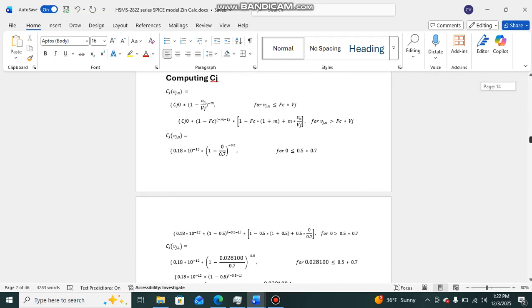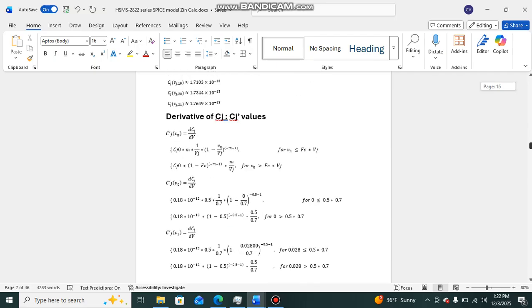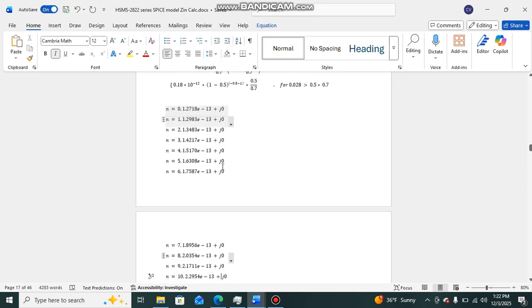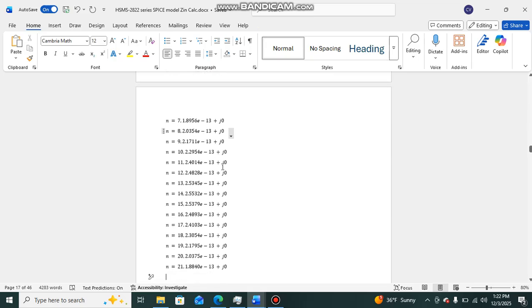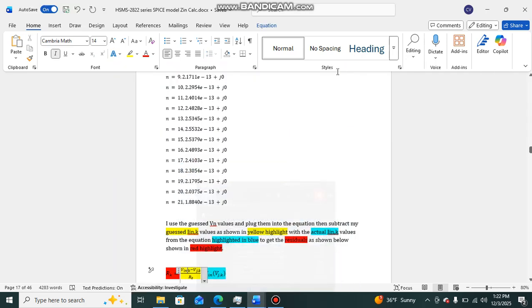So you take the derivative of that and do the same process with your voltage values and all the values that you have in your data sheet, and you keep on adding these together and you get all these values for the derivative of the capacitance.